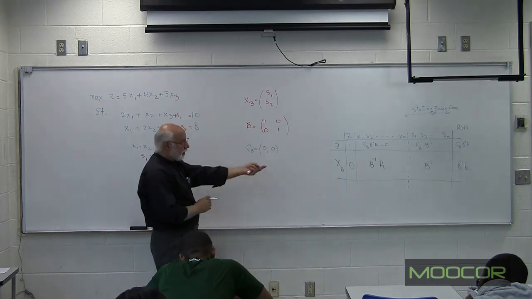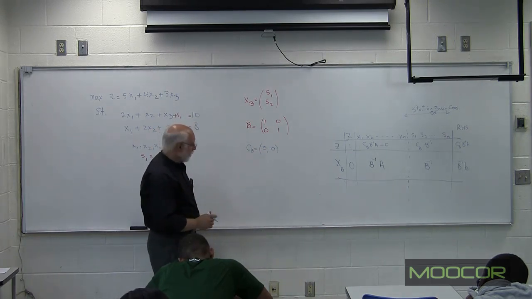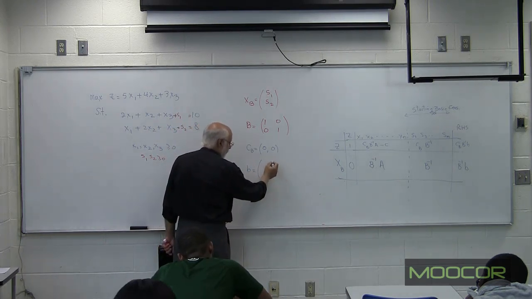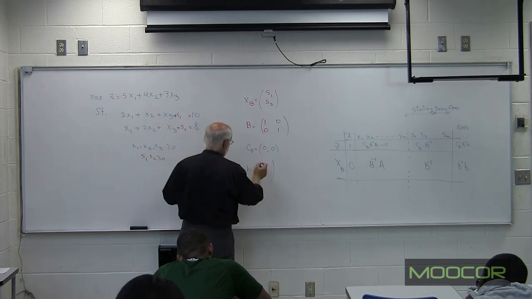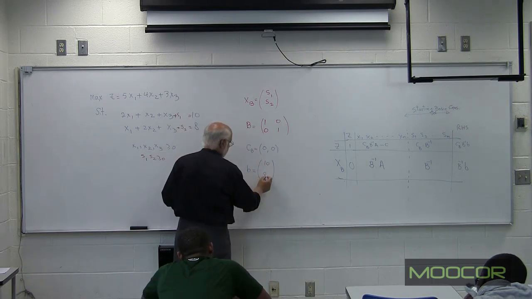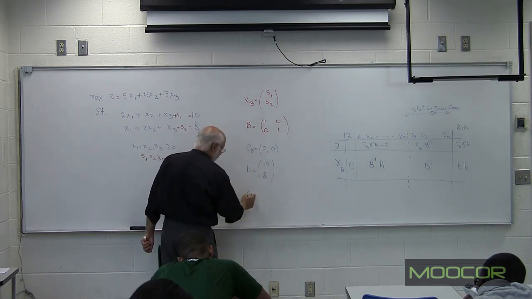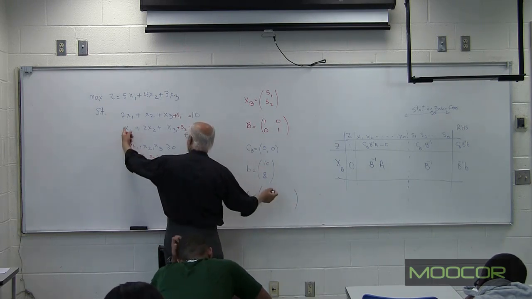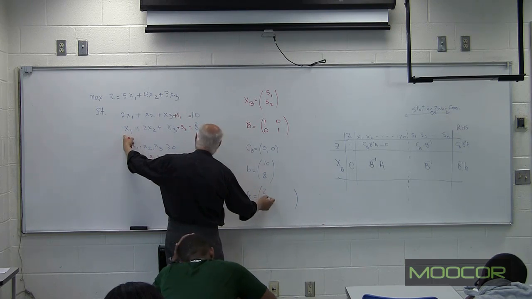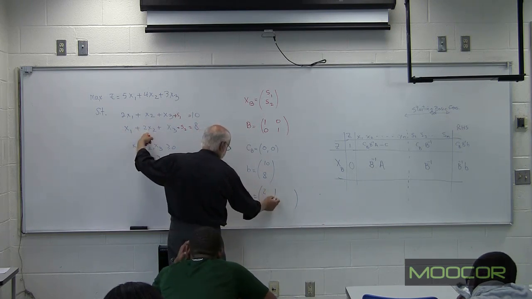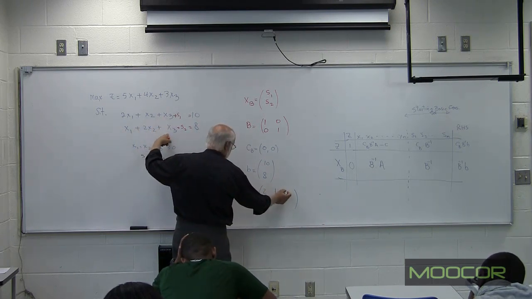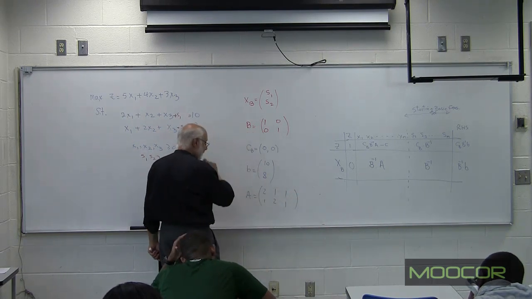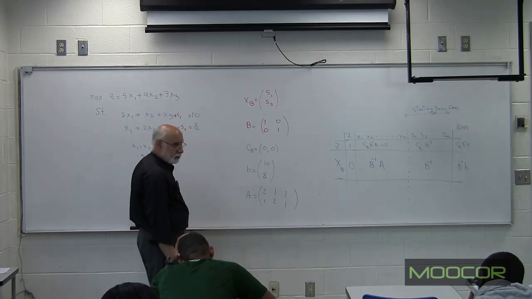What else inside that tableau do we need? We need B, which is 10 and 8. We need A, which is 2, 1, 1, 2, 1, 1. And what else do we need?